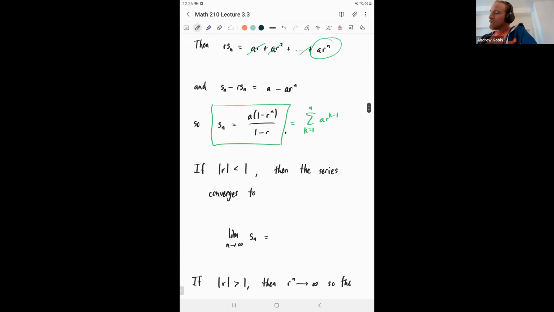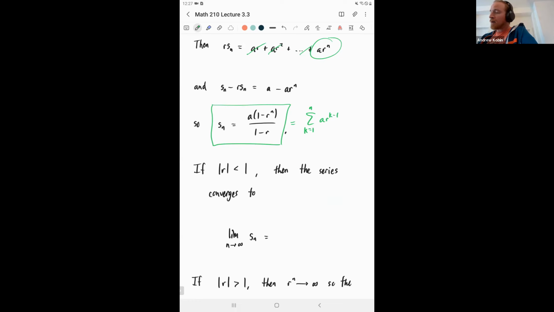Well, if we have an r raised to the n and we're taking n to go to infinity, we should be worried that that goes off to infinity as well. For example, if r was 5, 5 raised to the n is going to go to infinity. And r can be positive or negative. R could even be 0, in which case we would already be done with this problem.